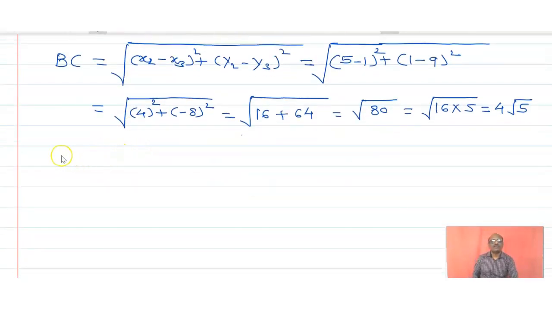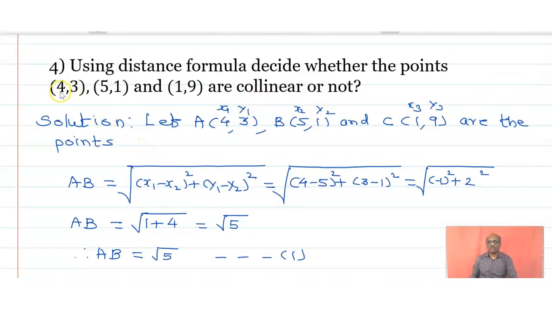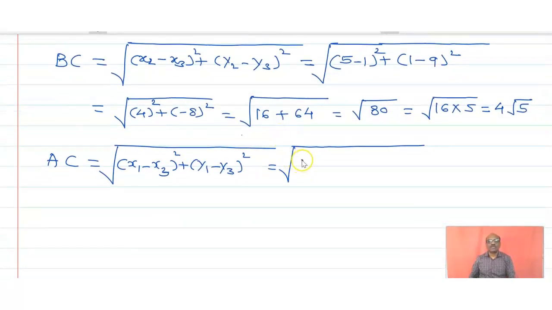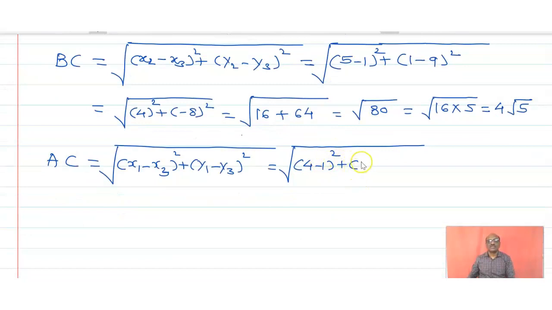And lastly, we will find AC. Again, here root of (x1 minus x3) whole square plus (y1 minus y3) whole square, and that is equal to root of, here x1 means 4 minus 1, whole square, plus 3 minus 9, whole square.